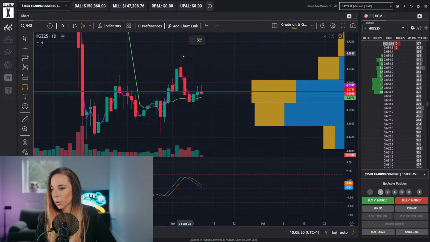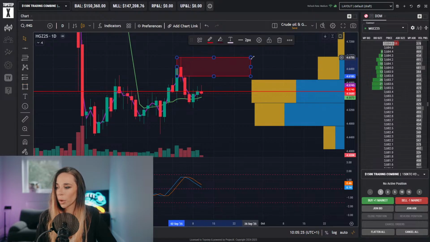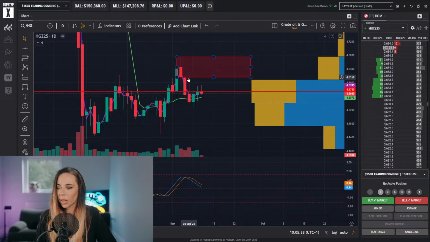Knowing that there's a low volume node up there, I'm committing that to memory. This is the reversal. This is the nearest supply. How does it look? Not that great. We have a decent move away from it, I suppose, but then an immediate pop into it.